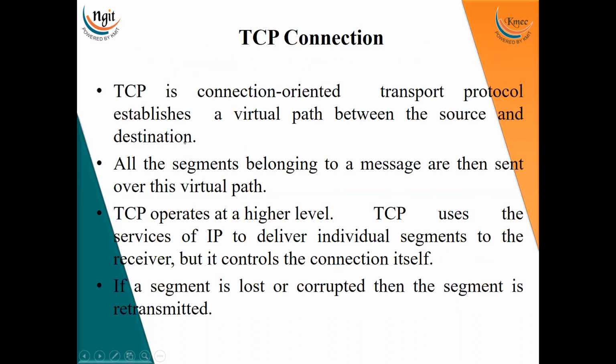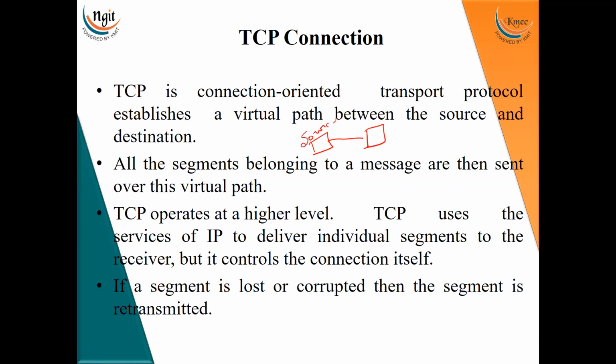Now, what is meant by a TCP connection? In the last session, I already explained that if we have a connection oriented transmission between the client and server, then the best example is TCP. So I can say that TCP is a connection oriented protocol. It establishes a virtual path between the source and destination, and all segments belonging to a message are sent through this virtual path.